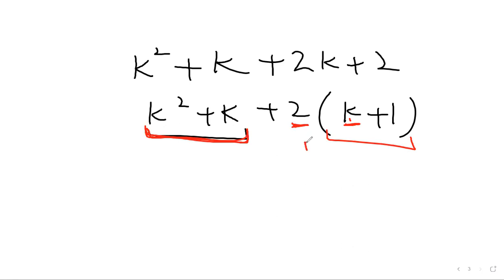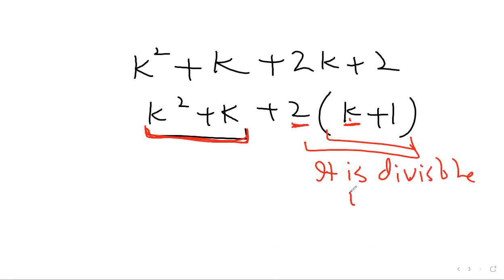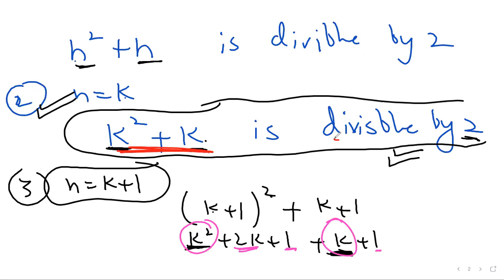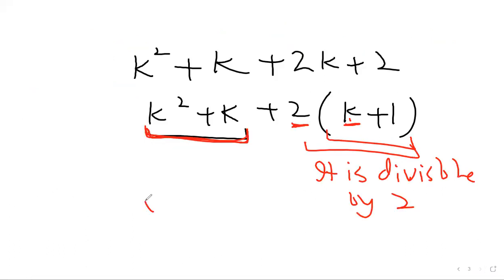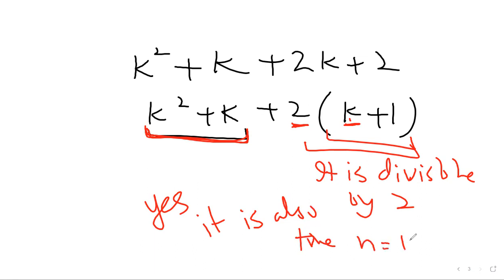Yes, surely it is divisible by 2. I have also explained through an example, and it was already assured that it is divisible by 2. So yes, overall it is also true for n is equal to k plus 1.